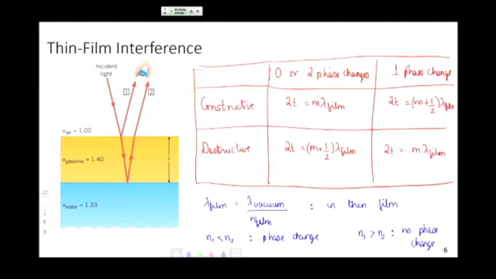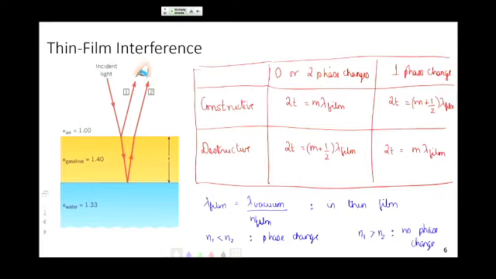A phase change of half a wavelength means they are exactly shifted by half a wavelength, exactly half a wavelength out of step. So when do they get out of step? It turns out when they reflect at an interface, the properties of the interface determine whether the waves are in step or out of step.